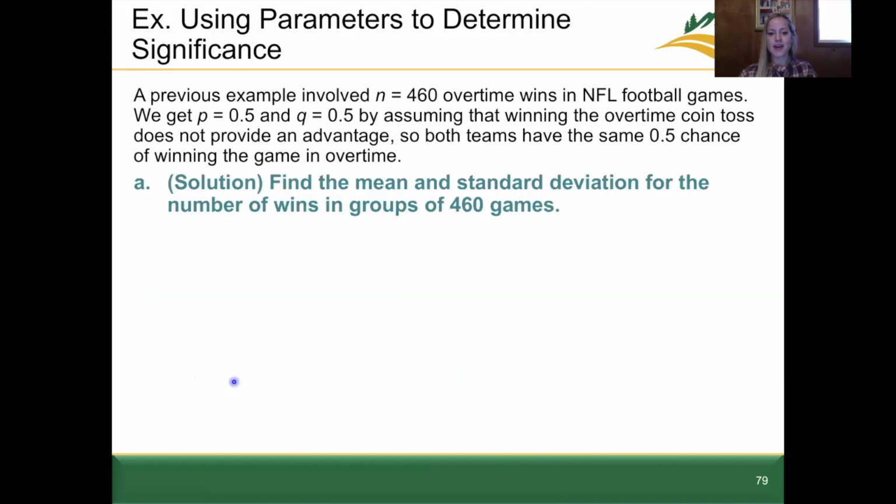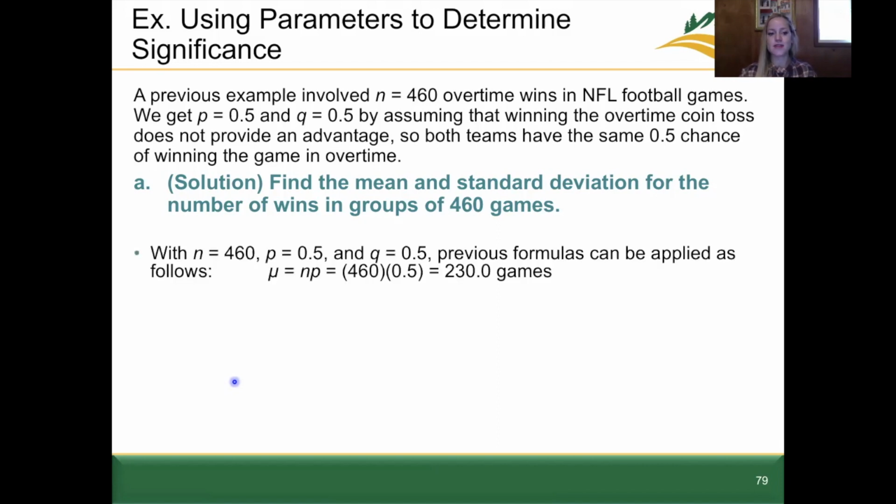Okay, so for part A, we're going to find the mean and the standard deviation. We previously determined what our n, x or s, p, and q values are. If we hadn't just looked at this example, you would first need to figure out all of that notation. But we do have that notation here. So n is 460, p is 0.5, q is 0.5.